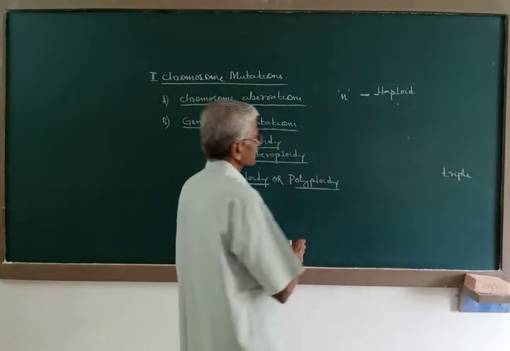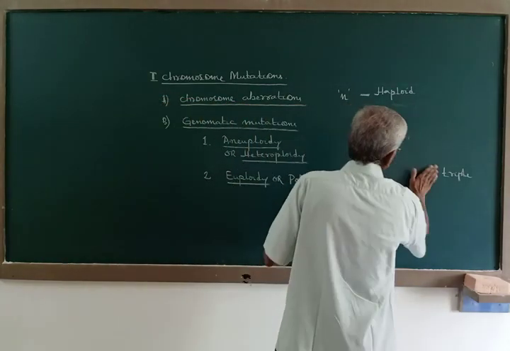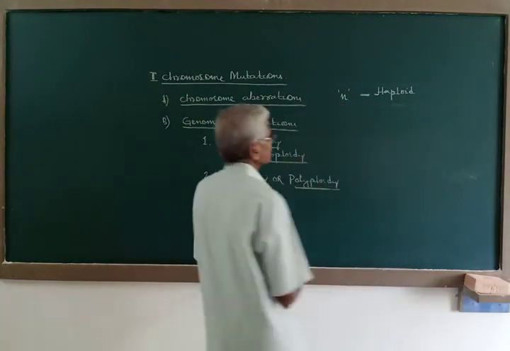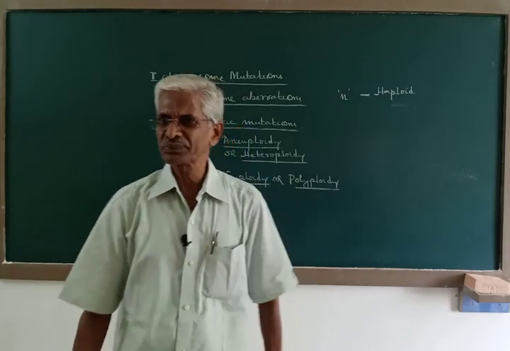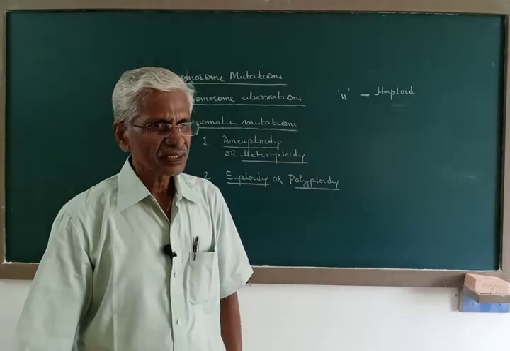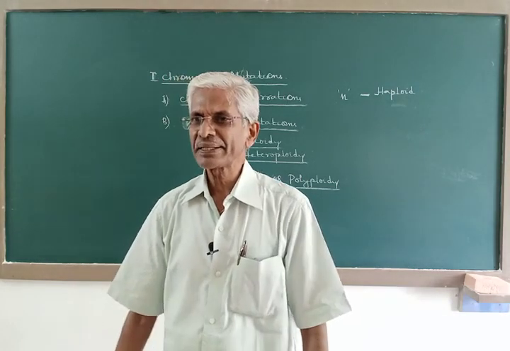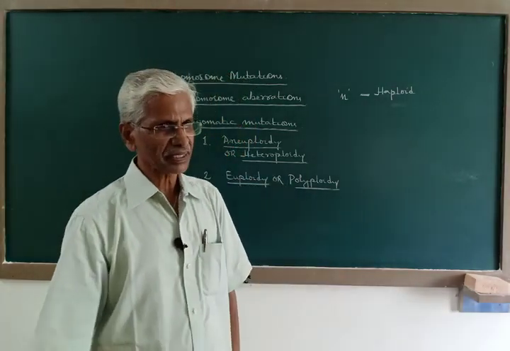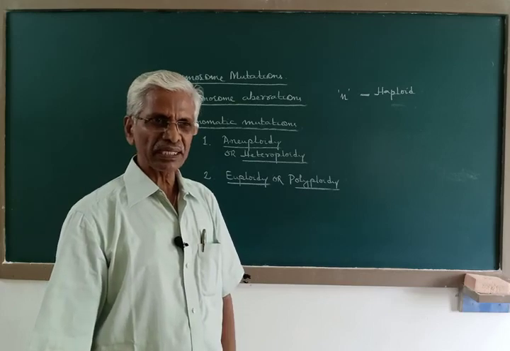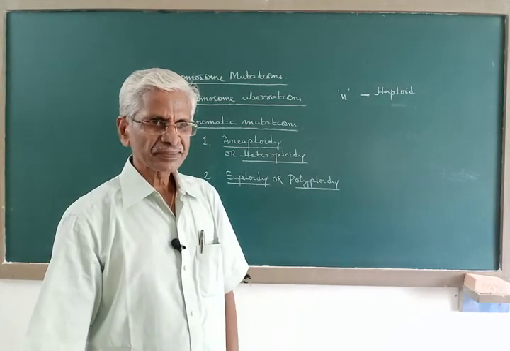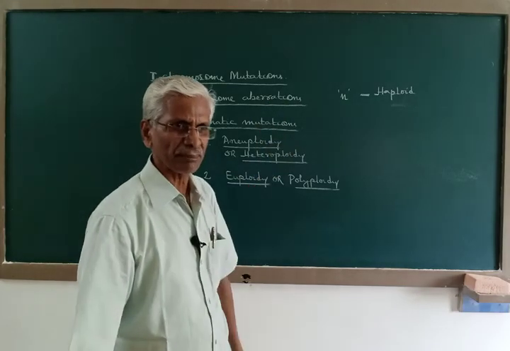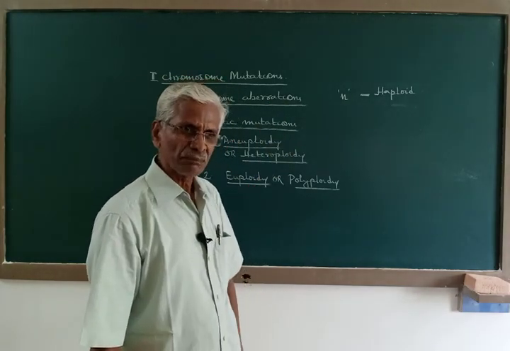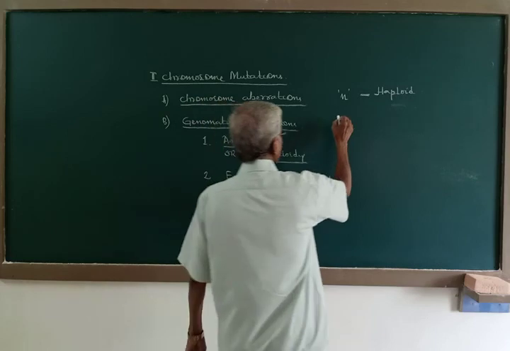This chromosome number, n, is true in the case of gametes of sexually reproducing organisms. Male and female gametes, eggs and sperms, will always carry only one set of chromosomes, the haploid or monoploid number.